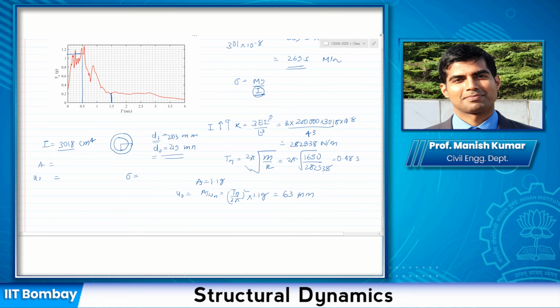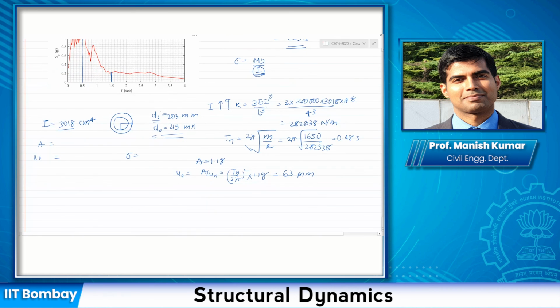As I said, you might see some variation, because if you shift it a little bit, you go from 1.1 to 1.2 suddenly. That jaggedness is not preferred in design. So let us say I'm getting 63 mm. So this is 1.1 g, this is 63 mm. Let us say what is zeta here.